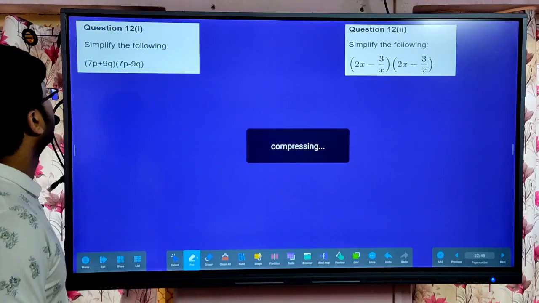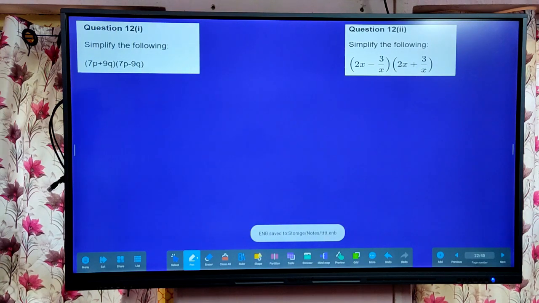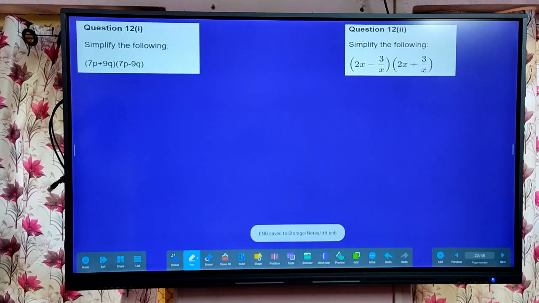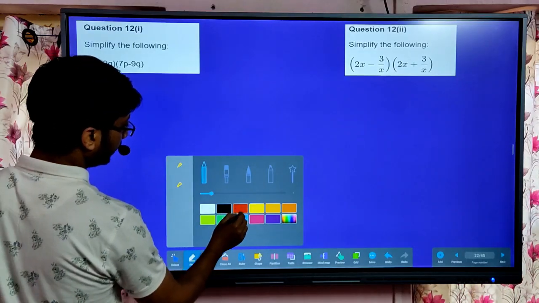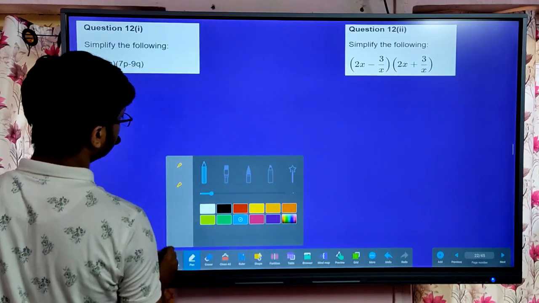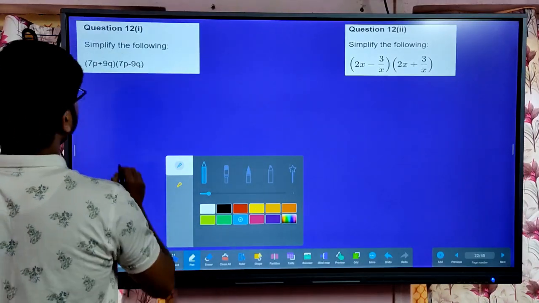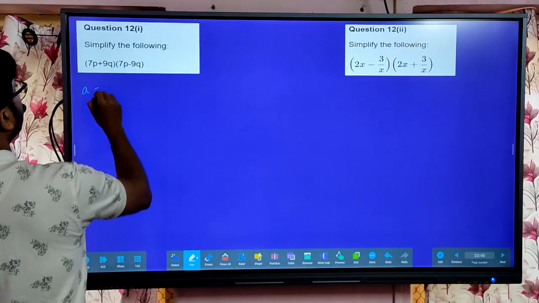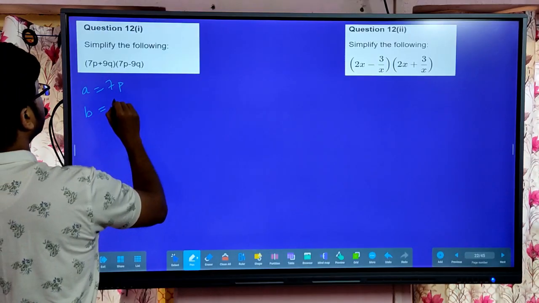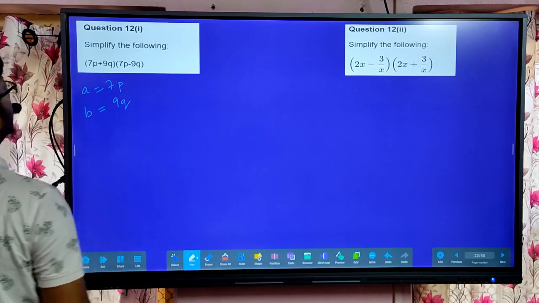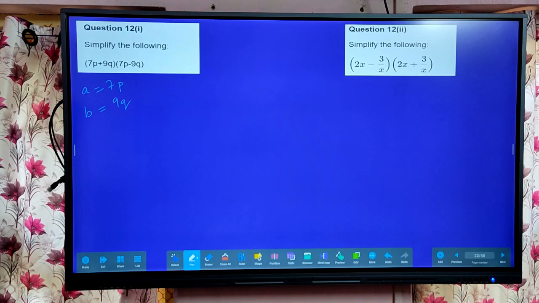Okay, so this is a plus b into a minus b. You see, it is very clearly understood that your a is 7p and your b is 9q, isn't it?